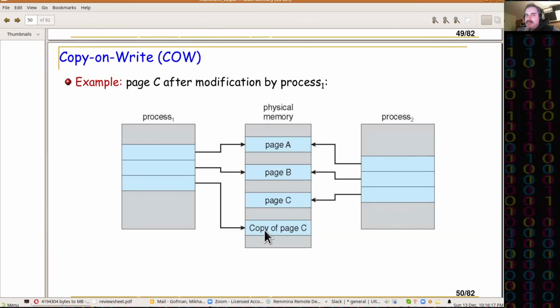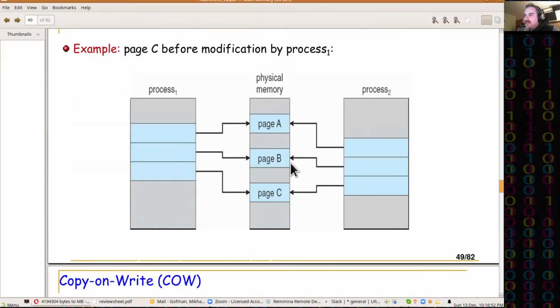So once again, the basic idea behind copy on write is that we're not going to make any copies of physical memory until the memory is modified. Okay? That's basically the idea. We only create copies of physical frames when they're modified. So once again, you have a parent process, you have a child process.